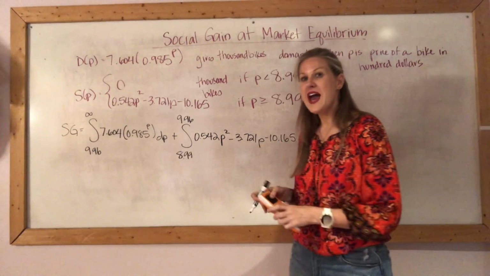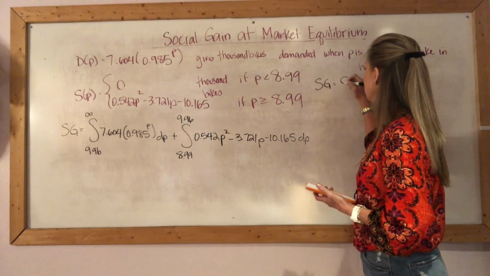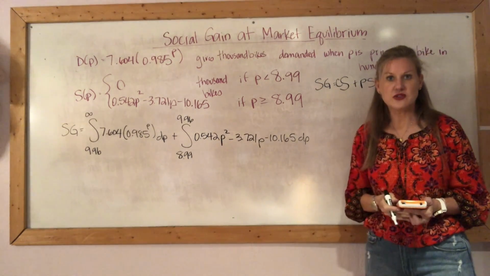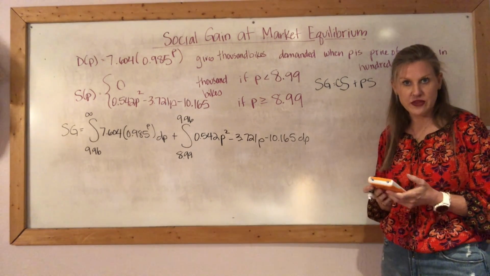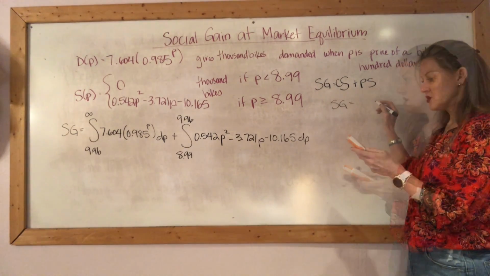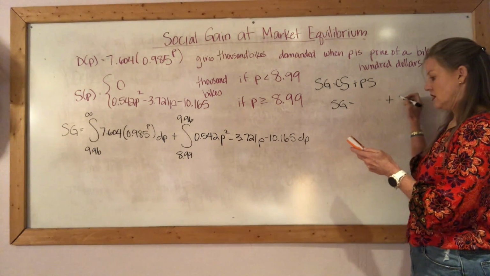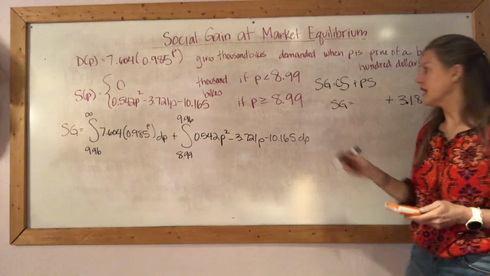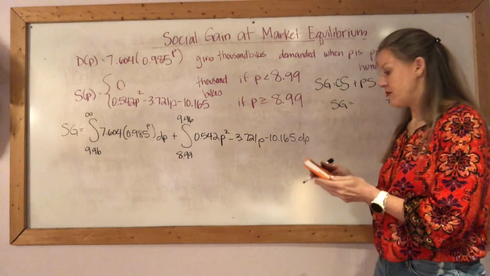So I'm going to do that and write it over here so I have it for later, and I can then find my consumer surplus and plug it in and add them together, and that will give me my social gain. My social gain value is 3.18, and I'll come back and figure out my consumer surplus and get that popped in there.